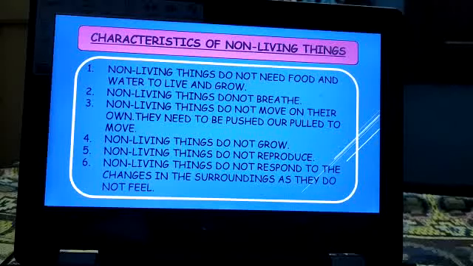And the sixth point is that non-living things do not respond to changes in the surroundings. How can they respond? They don't have any sense organs. So non-living things do not respond to the changes in the surroundings as they do not feel. So children, these six points are the characteristics of non-living things.